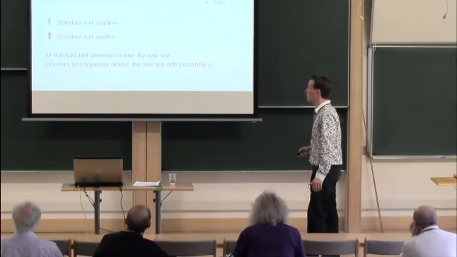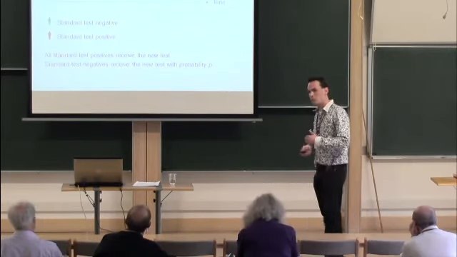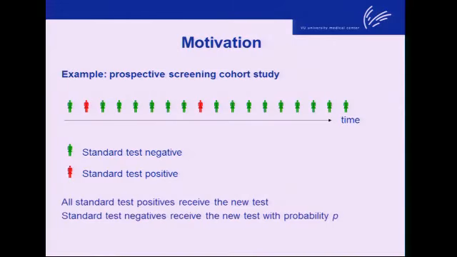Another example is a screening. When a screening program is running, there's information obtained on the standard test, and you could of course also do the new test on all these patients, but you could also use the standard test result as a stratification tool.